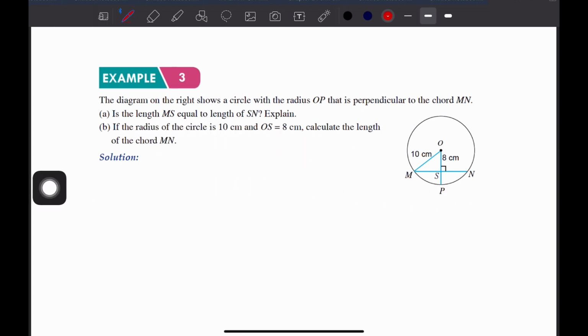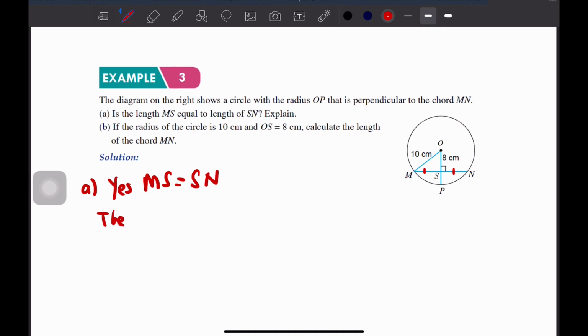Explain. We know that it should be equal, right? So we can say that yes, MS is equal to SN, and why?